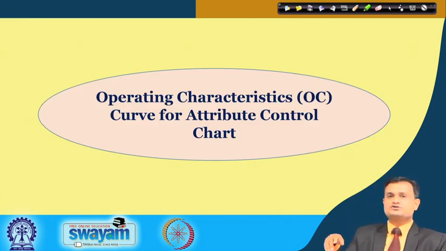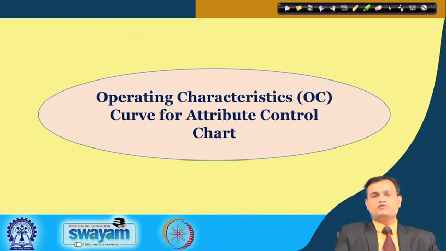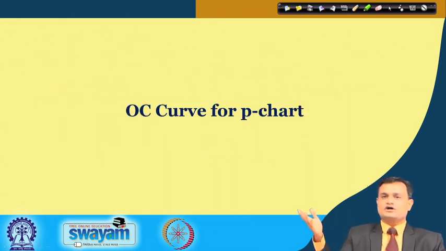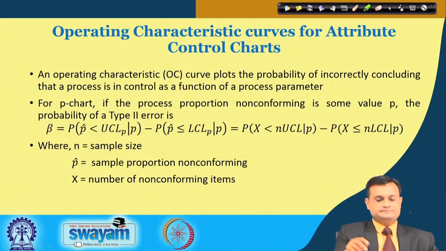Now let us try to see the OC curve for attribute control chart, and the first one is, let us say, P chart. Here again I will say that the moment you talk about the OC curve, we need to have knowledge about the type 2 error.